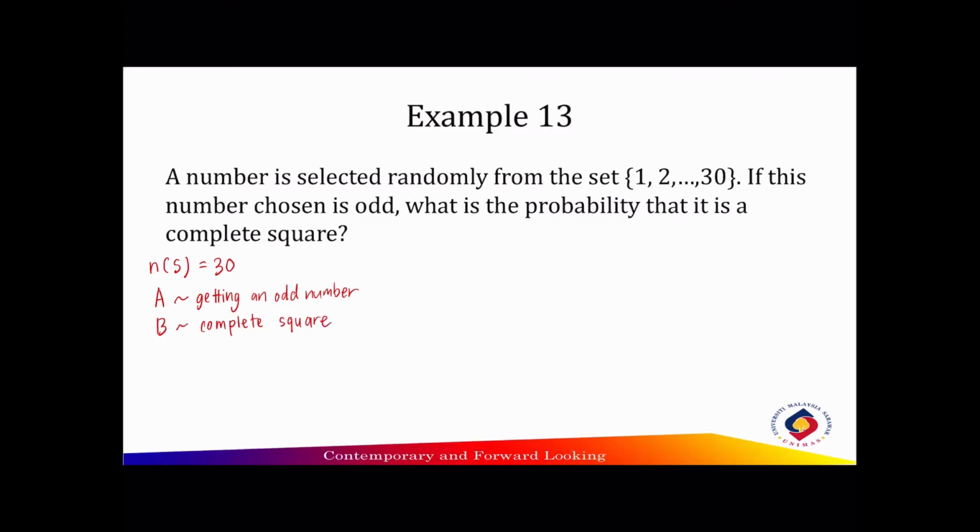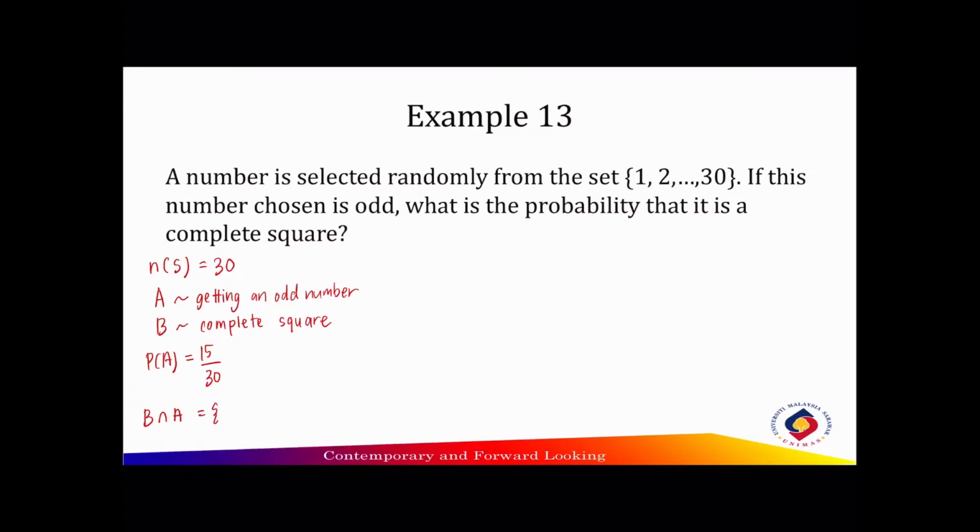Okay, so from this question, for the odd numbers from 1 until 30, the probability of A is equal to 15 over 30, right? And then from those odd numbers, we want to get B intersect A, which is odd number and complete square.